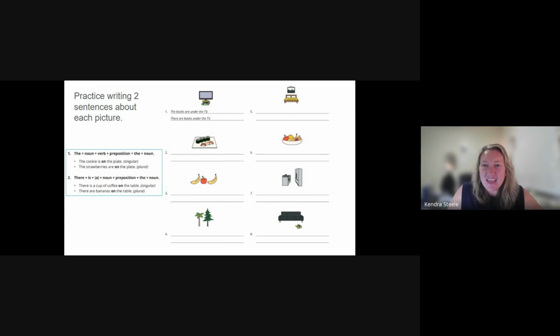There is a refrigerator across from the stove. And the shoes are in front of the couch. There are shoes in front of the couch. So there are multiple examples using both sentence frames.